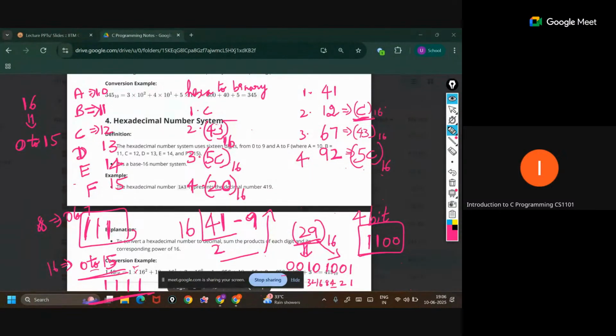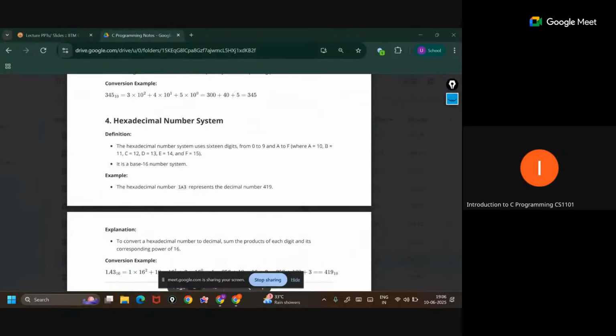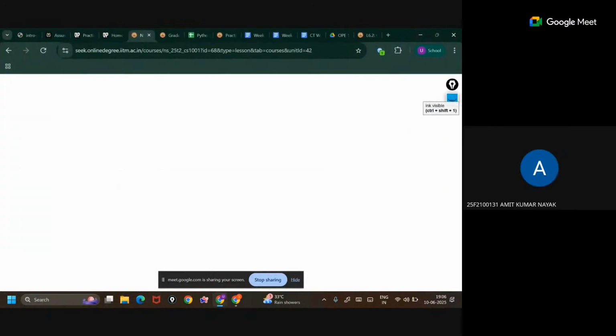So 4 has to be written as 0 1 0 0. How about 3? It's 0 0 1 1. On combining all these, this is the binary value. If you check with decimal also, you'll get it. Is that clear? Is it clear now, Amit? Yes, ma'am.